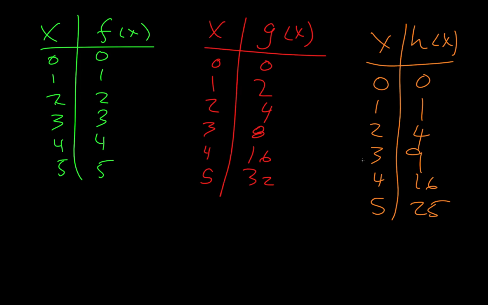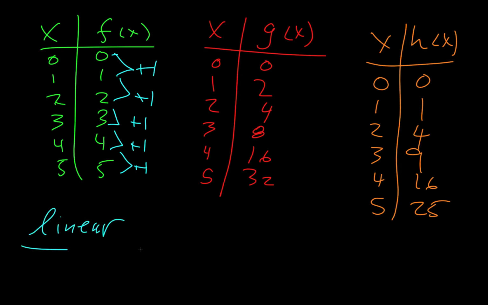Okay, now I'm going to look at these tables, and we want to identify what type of function it is. So right here, see how we're adding 1 each time to go through this? That's a characteristic of a linear function.